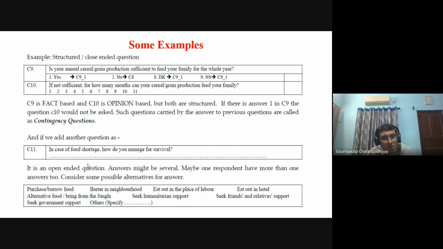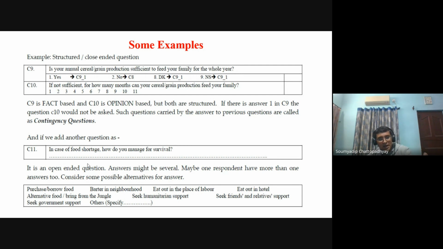Now consider we add another question. The question is, in case of food shortage, how do you manage for survival? Now, you can keep the question open-ended. You can also keep the question close-ended. If you look at the structure of this particular question, it is clear that it is an open-ended question because the answers might be several.